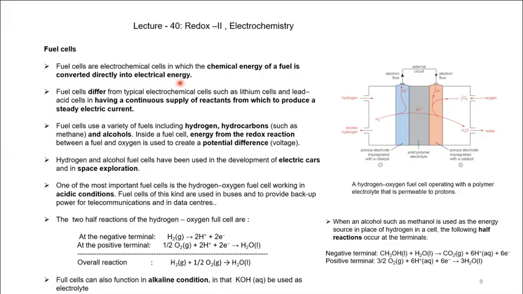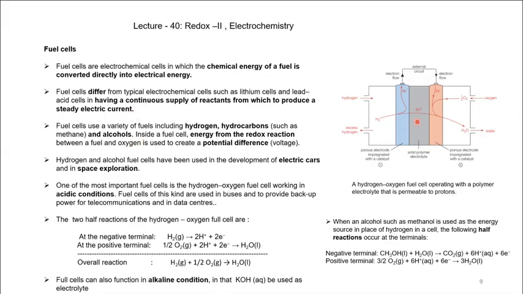So far we didn't see that it's directly converted into electrical energy, but here we'll see that it is. These fuel cells differ from typical electrochemical cells, such as lithium cells or lead-acid cells, in having a continuous supply of reactants from which to produce a steady electric current.